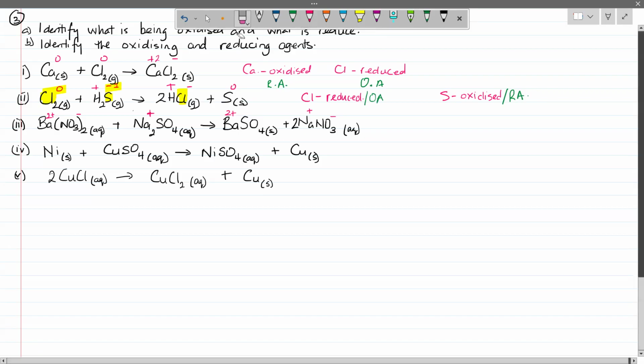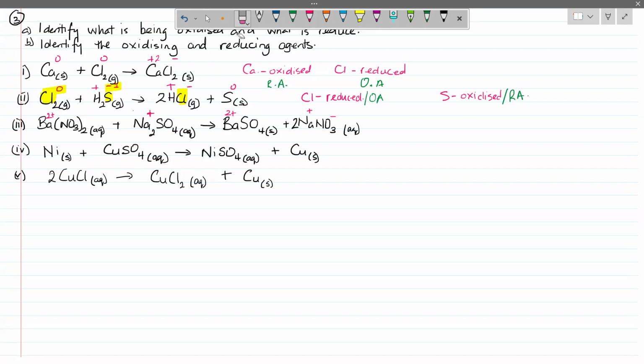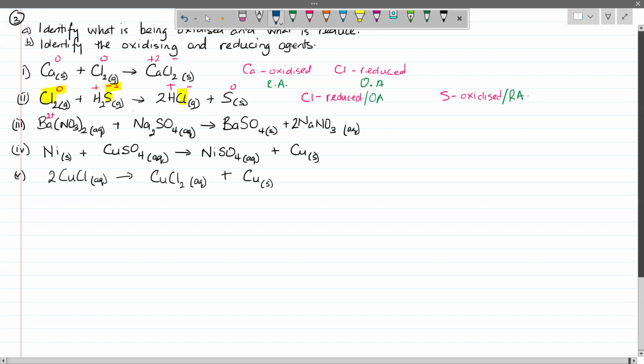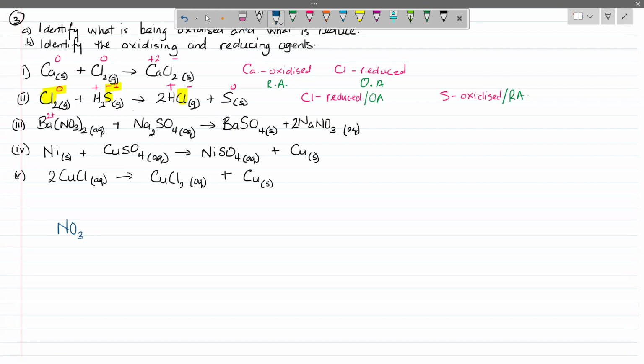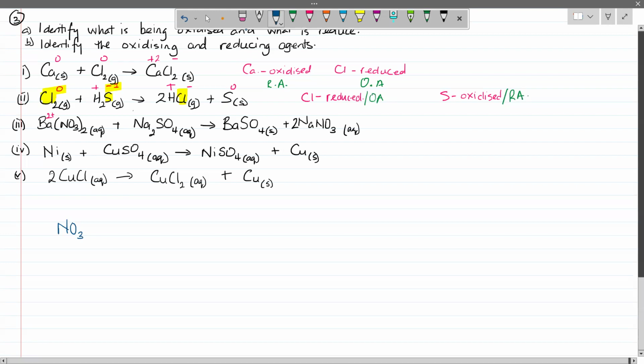You need to look at the individual oxidation numbers on each of these elements so you would know which are being oxidized and which are being reduced, right? So here, nitrate has an overall charge of minus 1, right?